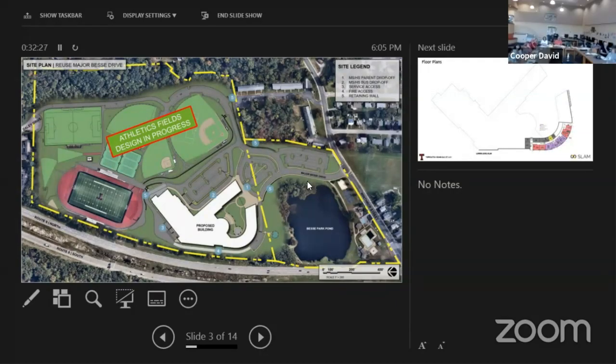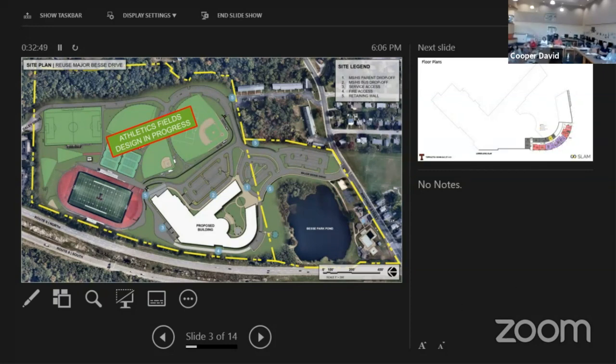If you can orient yourself, this is the main entrance that we were talking about, the public entry. At this end is the middle school entry, and at this end is the high school entry. This is intended to be a car drop-off lane, so parent drop-off would occur here, middle schoolers would go in here, high schoolers would go in here.